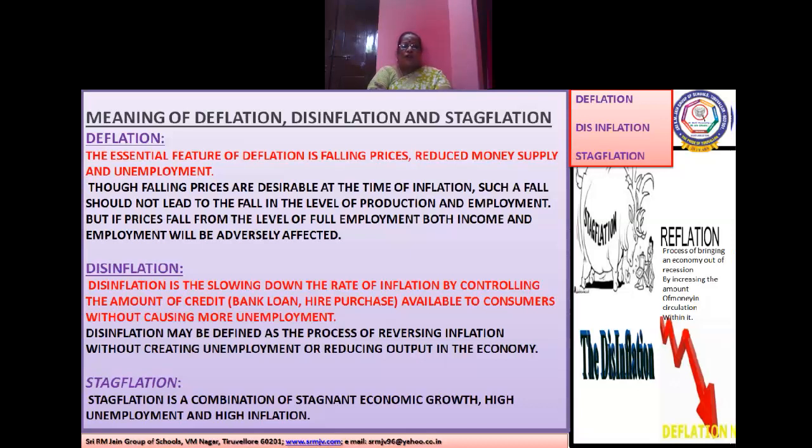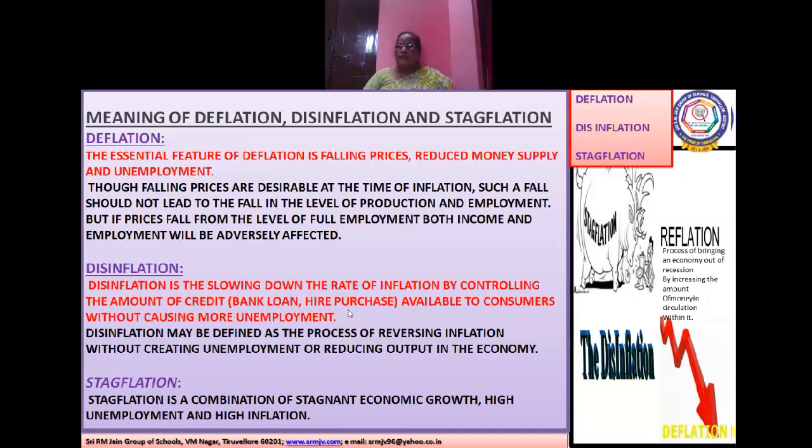Deflation is a fall in the price level, reduction in money supply, and reduction in employment. Disinflation is nothing but slowing down the rate of inflation by controlling the amount of credit, without causing more unemployment. Stagflation is the combination of stagnant economic growth, high unemployment, and high inflation.